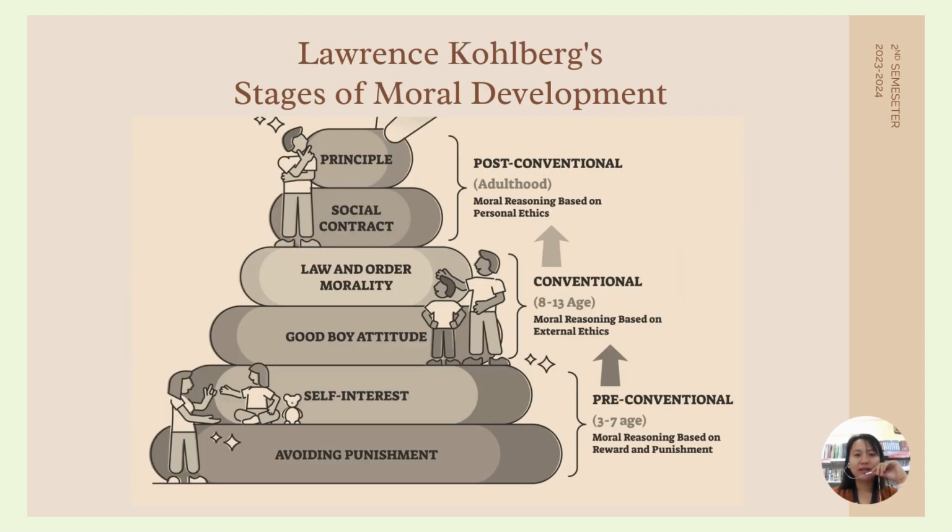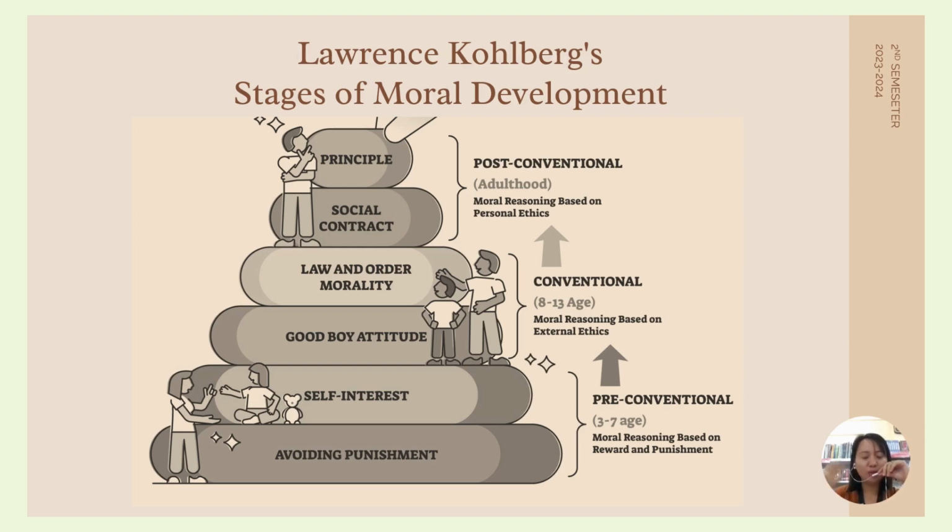So the next one, class, is the stages of moral development by Lawrence Kohlberg. Again, as we can still remember, Kohlberg proposed three levels of moral development, which are the pre-conventional, the conventional, and the post-conventional, which are further subdivided into 6 stages. Okay, sabi natin doon yung stage 1 is about punishment and obedience orientation, like behavior is determined by consequences.